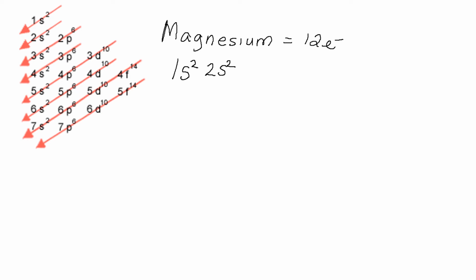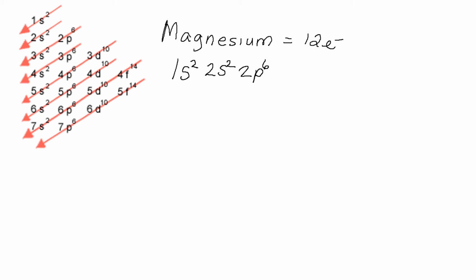On our third arrow, we hit 2p6. Okay, because it is a P sublevel, that can hold up to 6 electrons, and we're going to use all 6. But now that gives us 10 electrons, so 2 plus 2 plus 6 gives us 10, which is still not enough to fill those 12 electrons. So we keep moving forward.